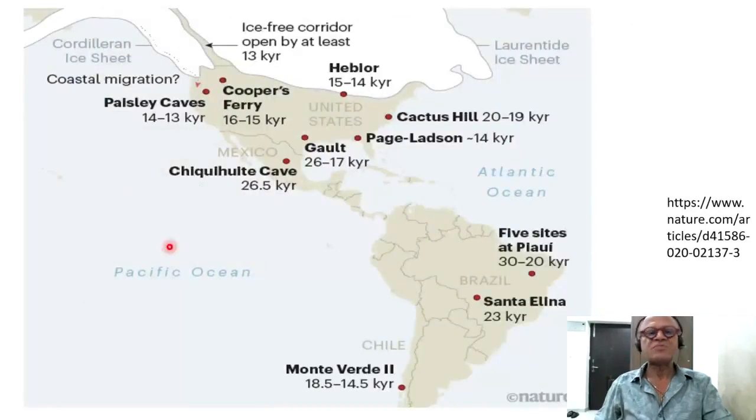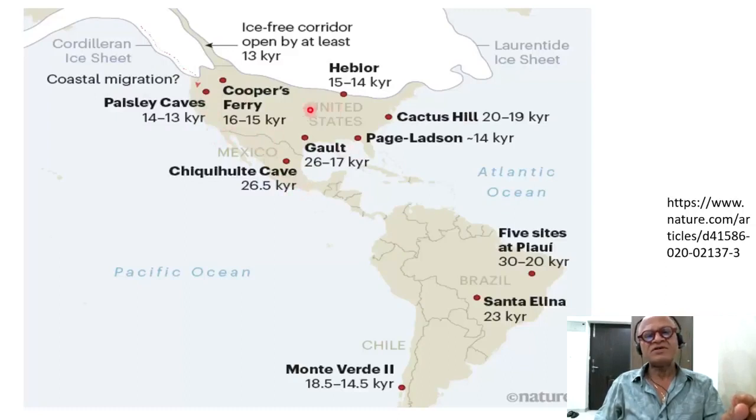So you can see the summary here, Cordilleran ice sheet. The freezing of the Bering Strait, Beringia, would have given a land bridge from Asia, Russia and China, and an ice-free corridor opened by at least 13 kilo years ago for the interior Clovis route, or there is an argued coastal migration as well.